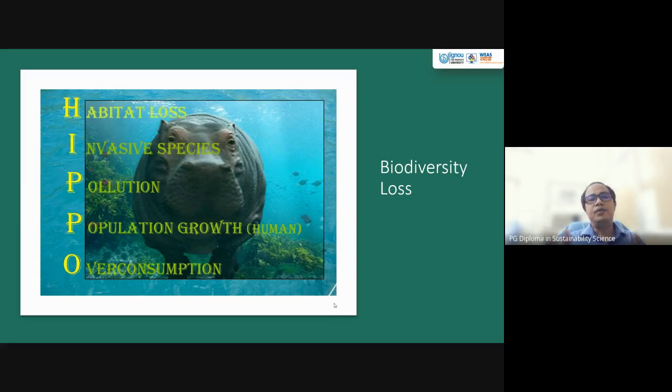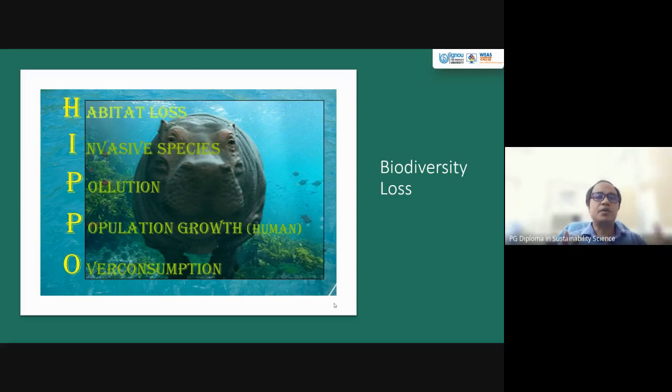Because of Prosopis juliflora, a number of endemic and native species were lost locally. So when it comes, extinction occurs at the local level, and if the level increases, at last it becomes extinction from the surface of the earth.